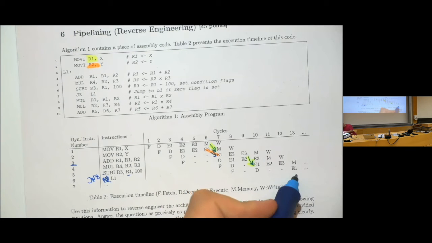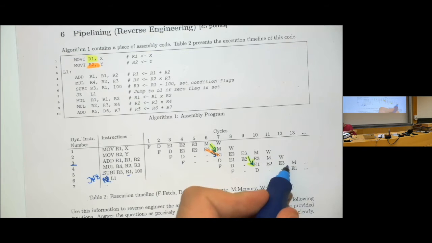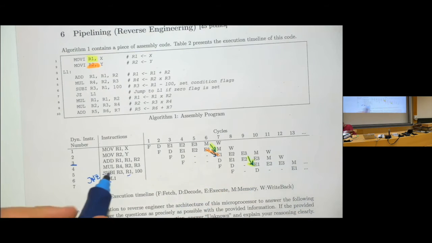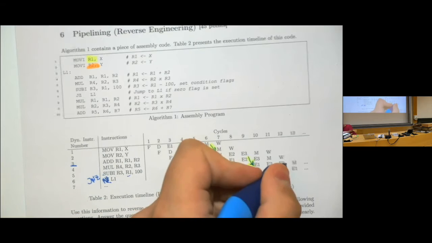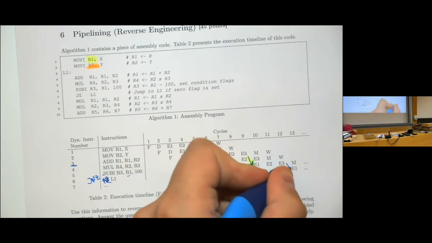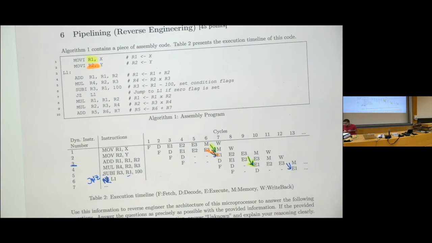This jump condition is checked here in E1, and it awaits the value from this subtraction. So it jumps if this subtraction is not 0. So we also have some kind of forwarding path there from E3 to E1.